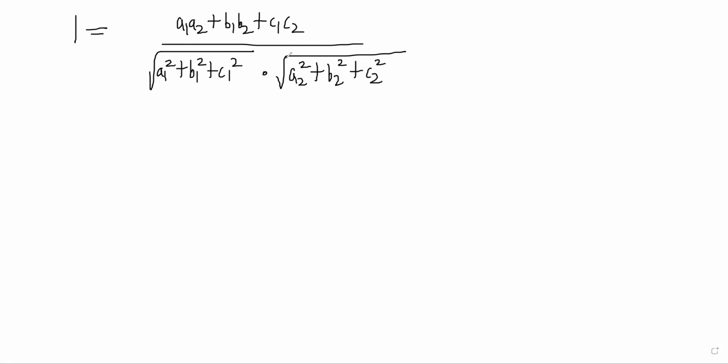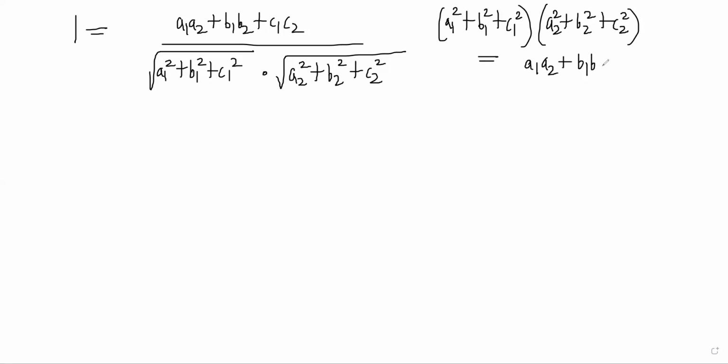If you square and take it to the other side, you will get a1 square plus b1 square plus c1 square, multiplied by a2 square plus b2 square plus c2 square, is equal to a1 a2 plus b1 b2 plus c1 c2 whole square. Right? Yes, sir.